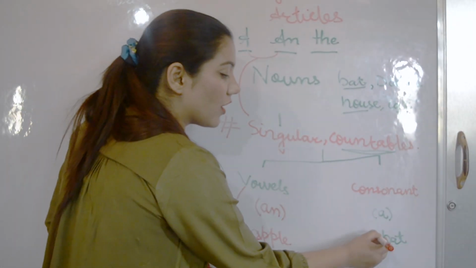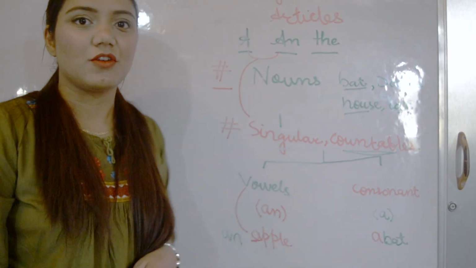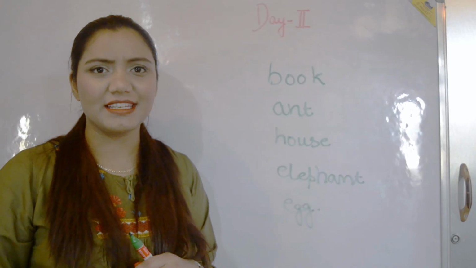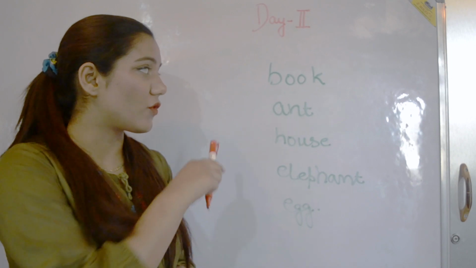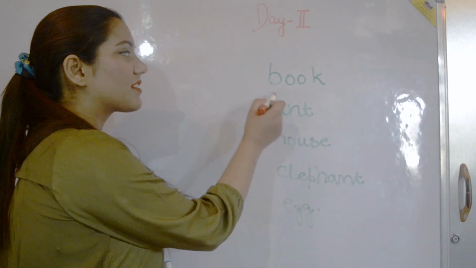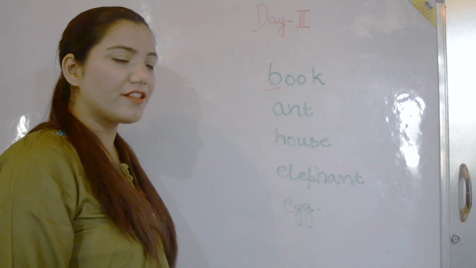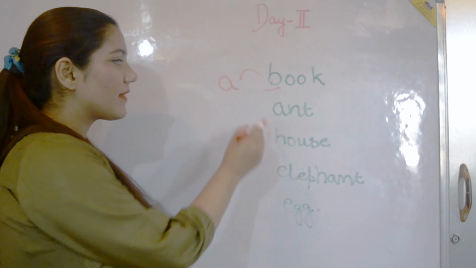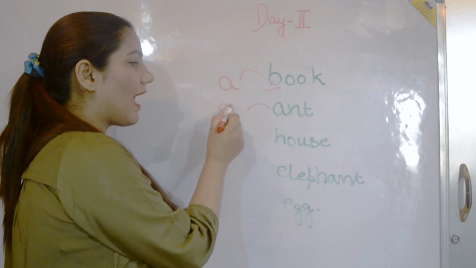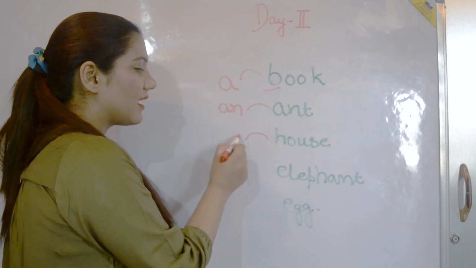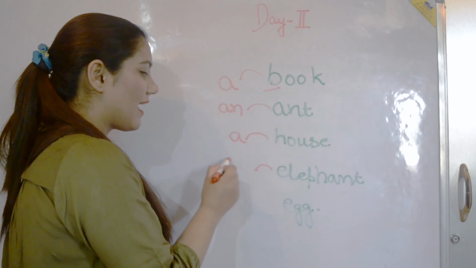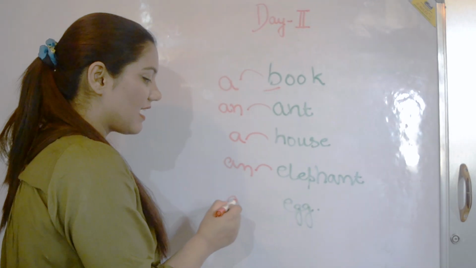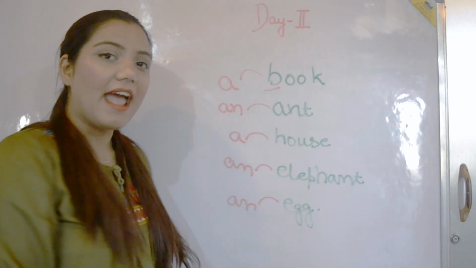Therefore, it will be called a bat. Let's try and guess which articles to use for these words. Book starts with B, which is a consonant, therefore it will be a book. Similarly, an ant, a house, an elephant, and an egg.